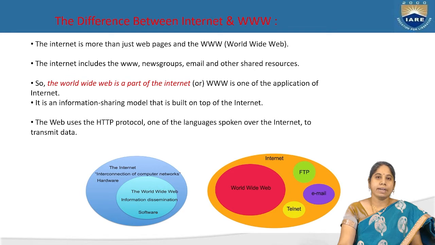The World Wide Web is a part of the internet. In other words, the internet is the superset and WWW is a subset of the internet. WWW is one of the applications of the internet.